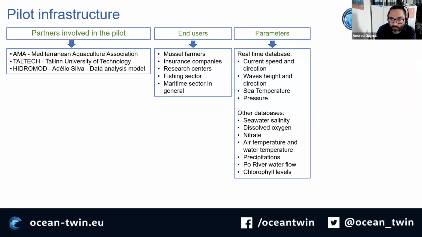We use two types of data: real-time data coming from the sensor, such as current speed, wave height, sea temperature and pressure, and other data coming from the satellite, like sea water salinity, dissolved oxygen, nitrate, air temperature, water temperature too, precipitation, vapor, river water flow, and chlorophyll levels.